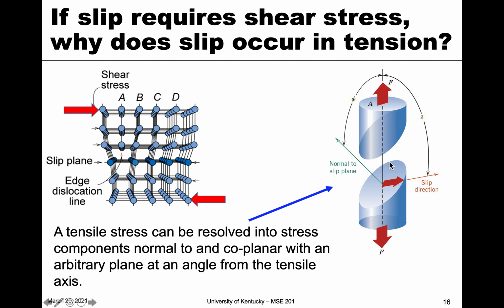So basically, if we pick our slip system, we can think about that as a plane at some angle to the tensile direction, and we can resolve stress components in this plane.